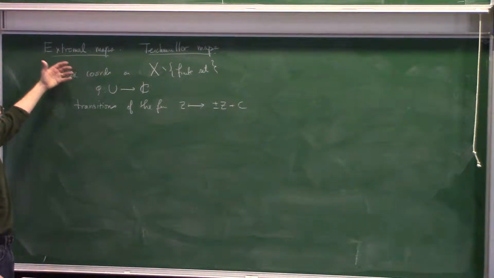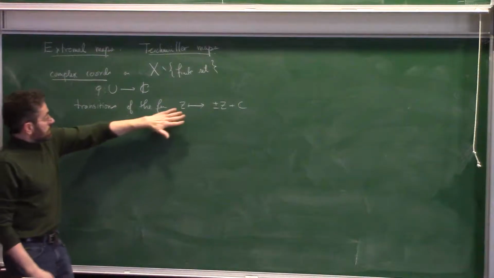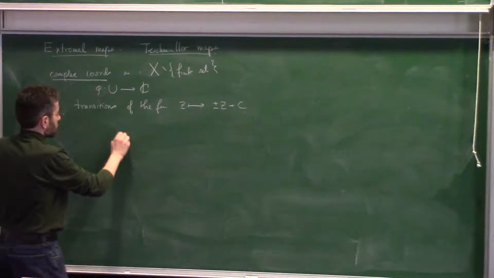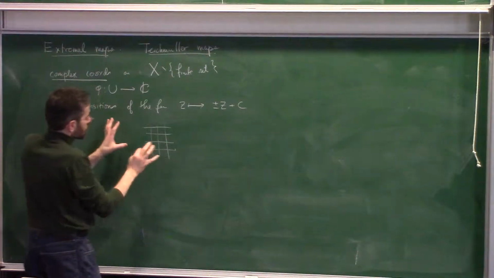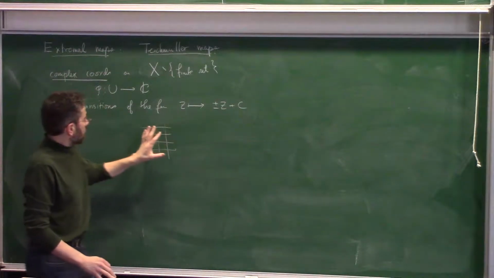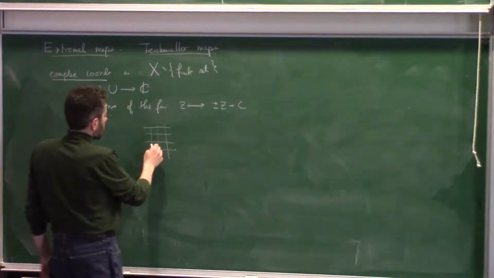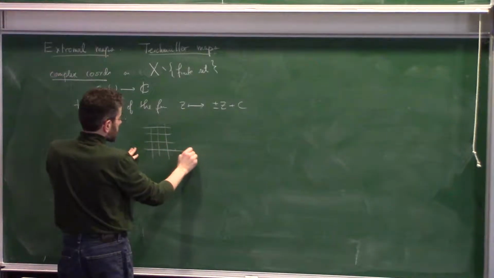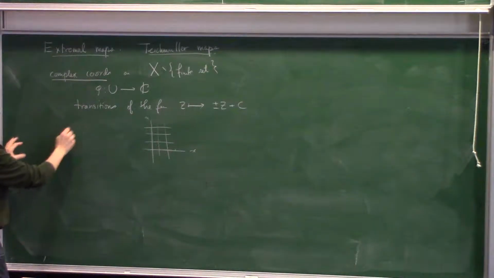It's a complex coordinate, so it's consistent with the complex structure on X, but it really freezes what the picture looks like. You have a rigid picture of the complex plane, and if you choose a different coordinate chart, you only change this by translation, that's the C, or by change of sign. So that means that I can tell what the x-axis is, and what the real and imaginary axes are, as an object on my surface.